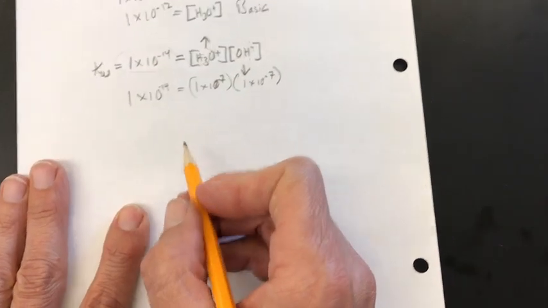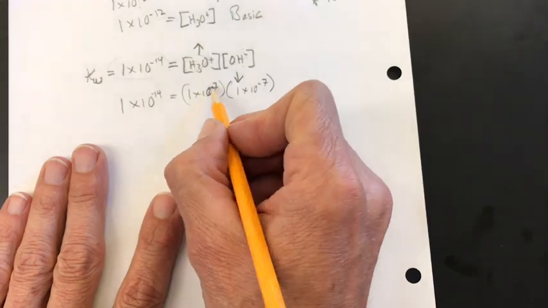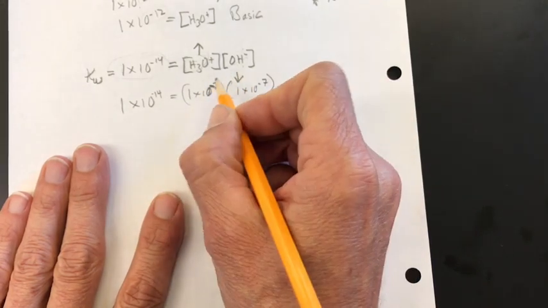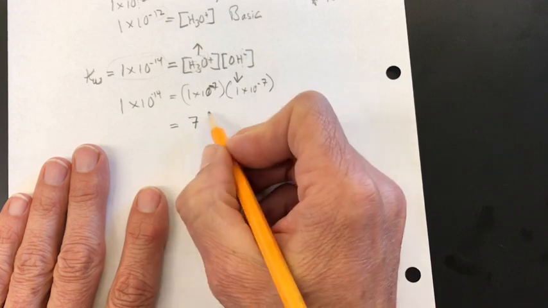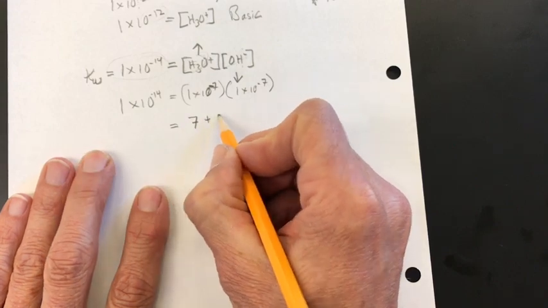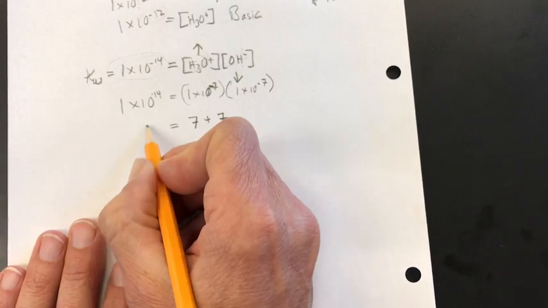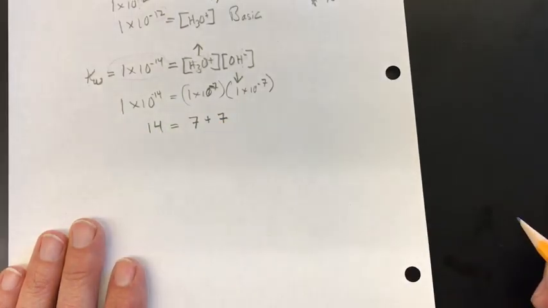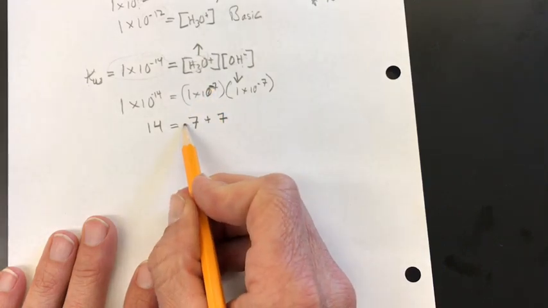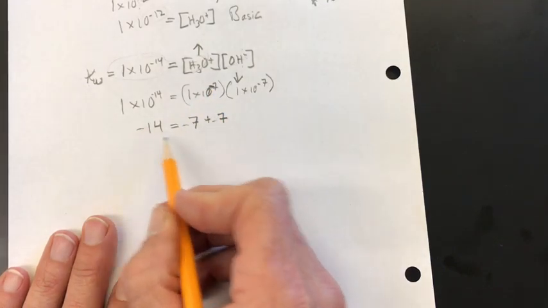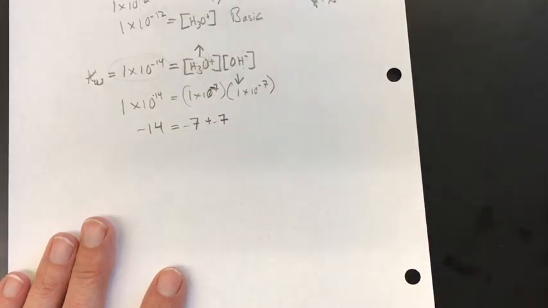So what we can actually do here is we can say, I'm so lazy, instead of negative 7, I'm going to just write 7 plus 7 is going to equal 14. Now, it was negative here, and it would be all negative, but I want to be even lazier than that.